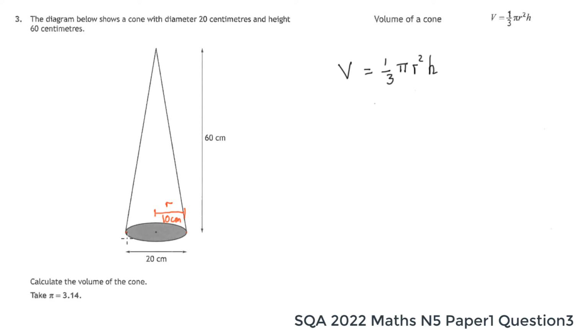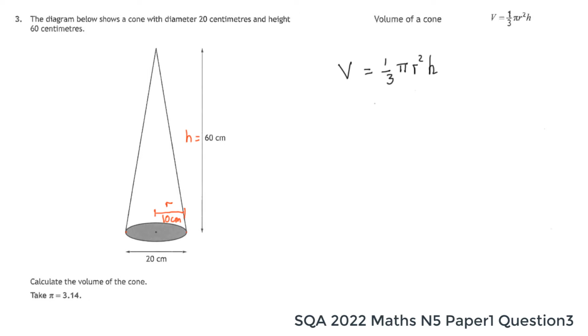A couple of radii end to end will make up the diameter. Diameter is twice the radius. So there's the first thing, the radius is 10 centimetres, and this obviously is the height of the cone, so that will give us the value of h.